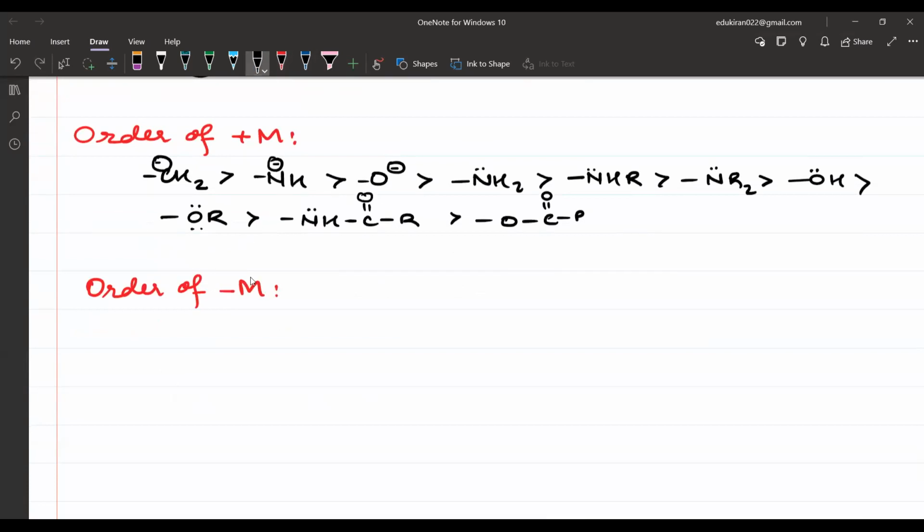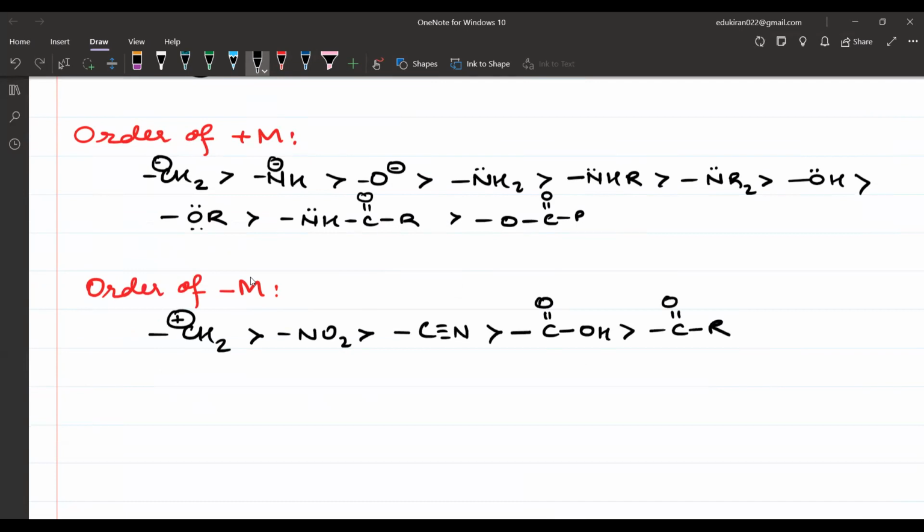Order of minus M: CH2 positive, followed by NO2, followed by C triple bond N, carboxylic acid, ketone, then you have aldehyde.